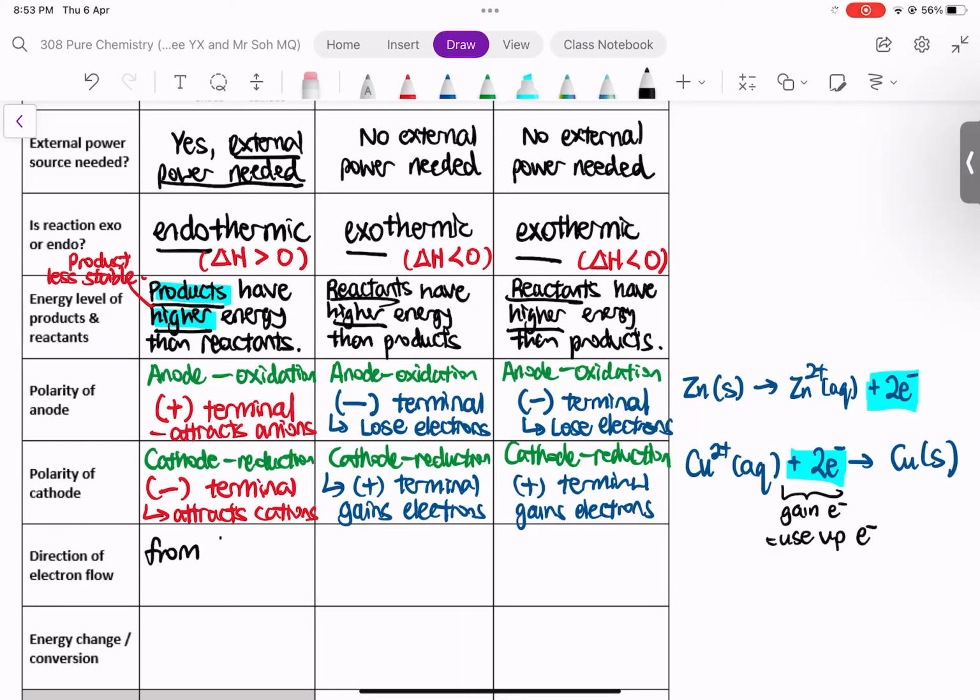In an electrolytic cell, the direction of electron flow is from positive to negative. Why? It must always be from the oxidation to the reduction. Because oxidation is a loss of electrons. So even in electrolysis, the oxidation loses electrons, meaning you produce electrons, which have to be transferred through the wire to the reduction.